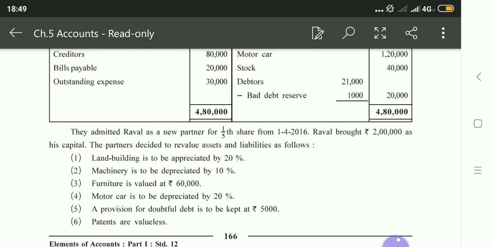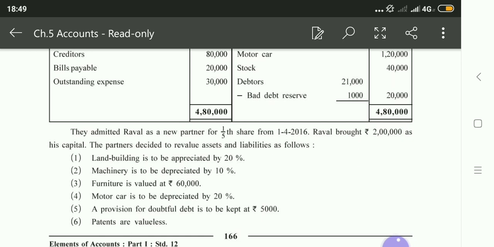Now let me explain what this means. First of all, land and building is our asset. So whenever the value of an asset increases, it is in the benefit of the firm. So the rule is that whenever a firm is benefited, revaluation account is credited and vice versa.